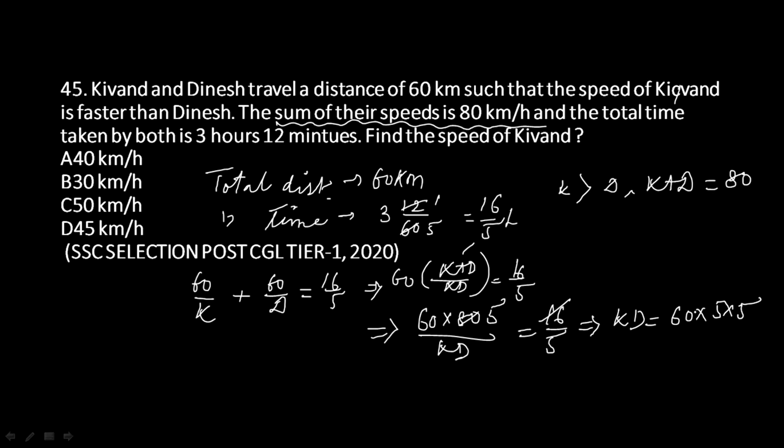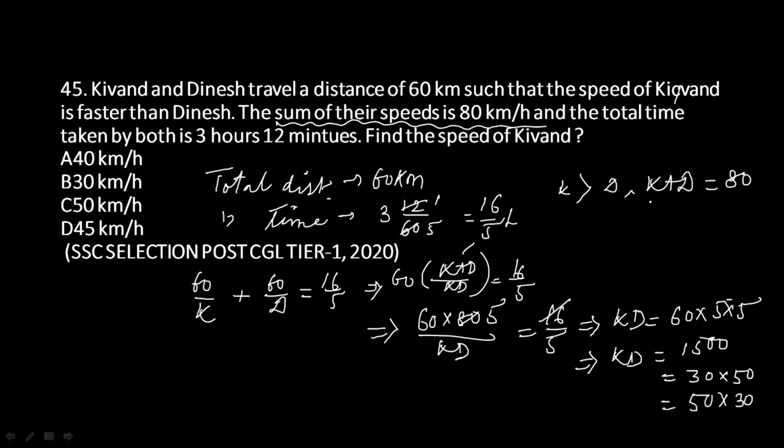So we have to break down this number so that it satisfies k plus d equals 80 and also k is greater than d. How can we do this? Look at it carefully. It will be 1500, right? So 1500 can be divided as 30 into 50 or 50 into 30 actually, because k will be the greater one.